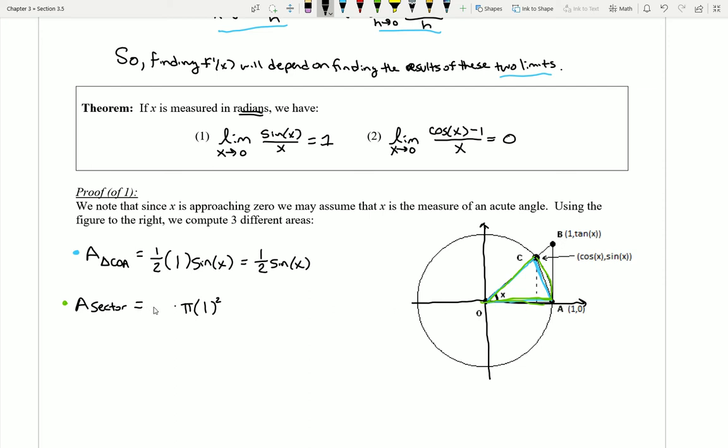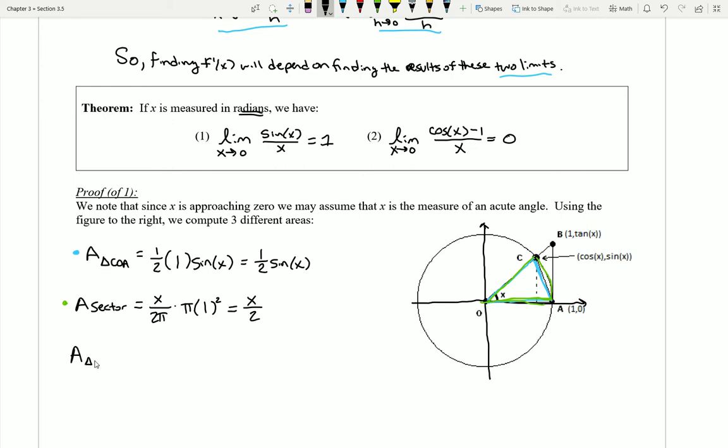And I can use my angle to help me figure out what percentage of the circle I'm using. In a total circle, I know that there would be a rotation equivalent to 2 pi radians. And so far, I'm only using x radians out of that total. So this gives me my percentage. If I simplify this up, I'll notice that 1 squared is just 1. My pi's cancel from top and bottom, and I'm going to be left with just the value of x over 2.